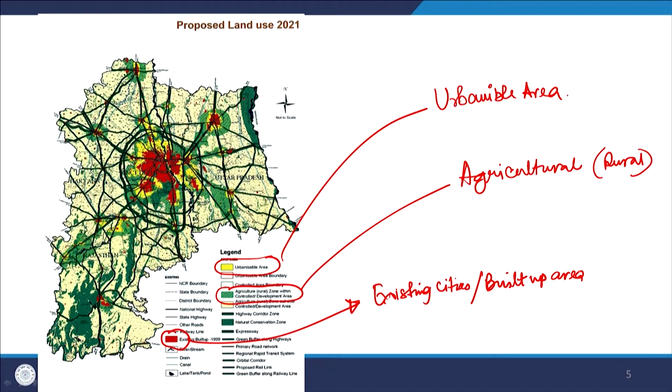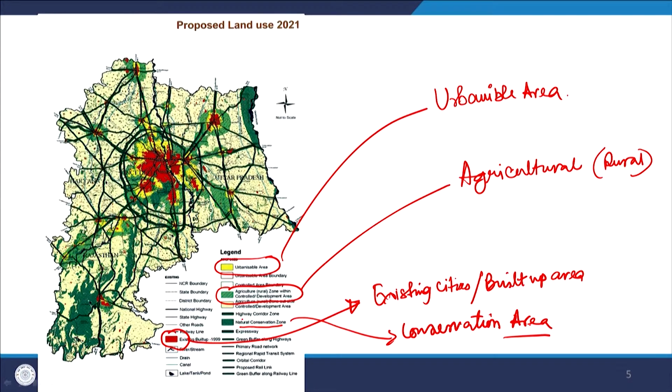And apart from that there are conservation areas, where neither urbanization nor any other development will be there in terms of roads or any infrastructure. No infrastructure or development will be there in the conservation area.